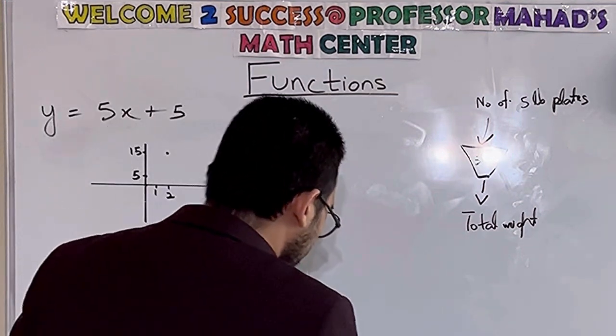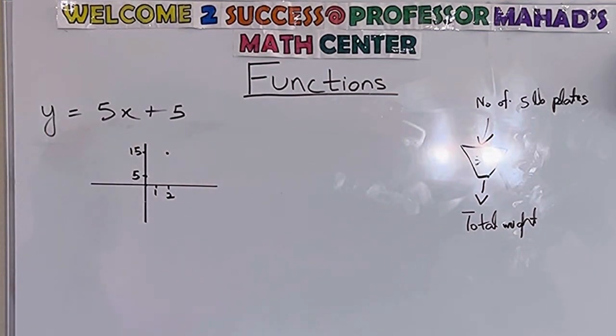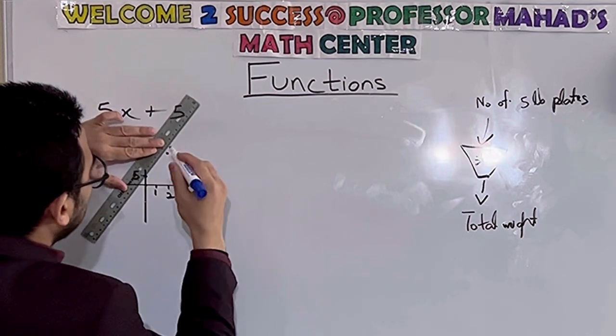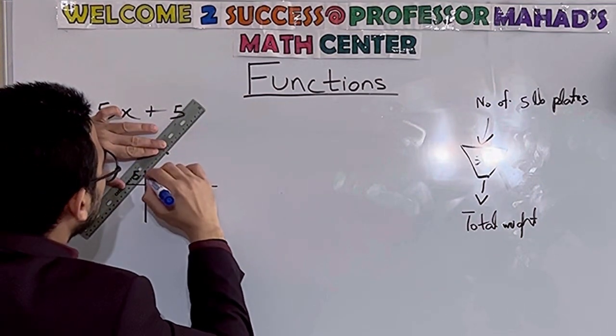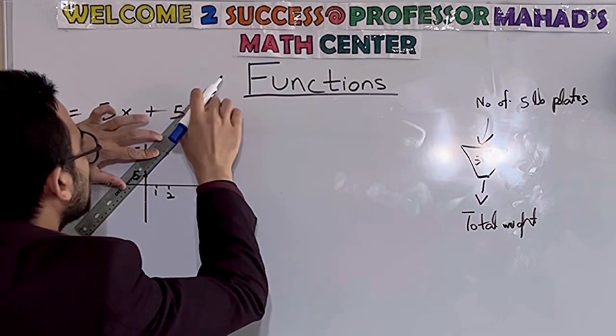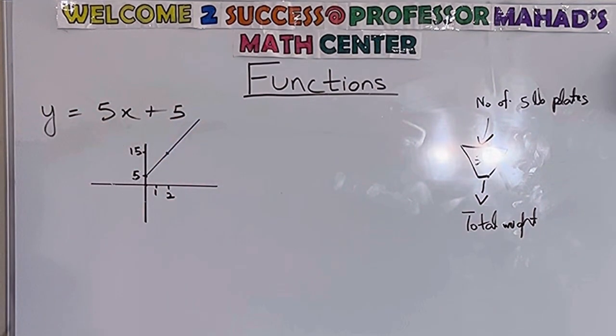If you guys have not watched my video on linear functions with a practical example, do watch it so you know which one I'm talking about. For now this relationship will carry forward, right?